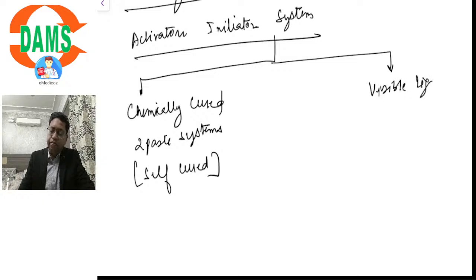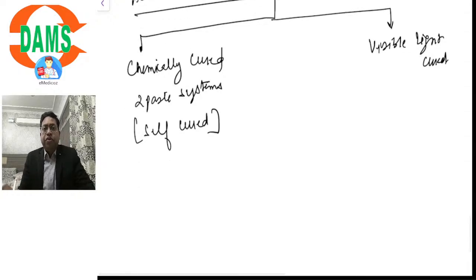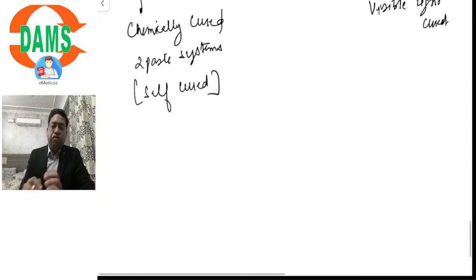You must be knowing that the majority of the restorative composites in contemporary dental practice are visible light cured; we use blue light, which is part of the visible spectrum. So these two different composite materials which are used as restoratives have different activator and initiator systems.